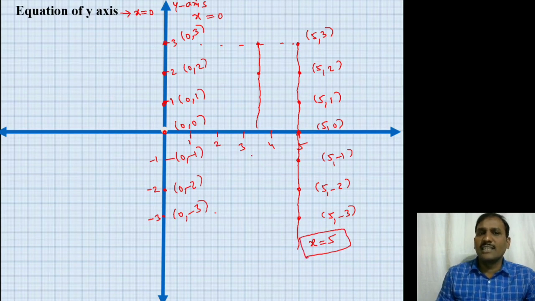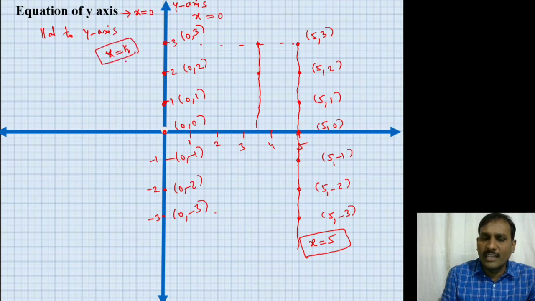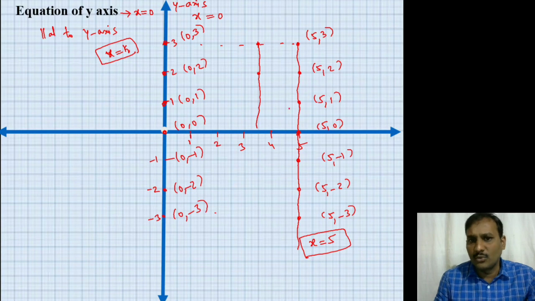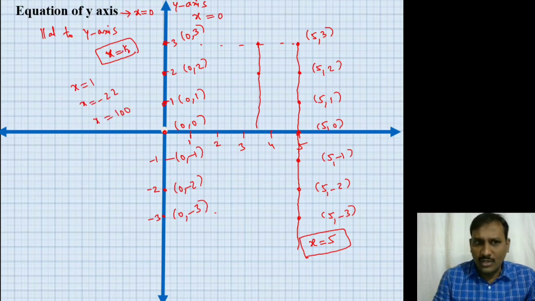So what is the equation of a line parallel to y-axis? The equation of a line parallel to y-axis will be x is equal to k. If x is equal to k, then the line will be parallel to y-axis. It can be x is equal to 1, x is equal to minus 22, x is equal to 100, whatever it is. So k is a constant.